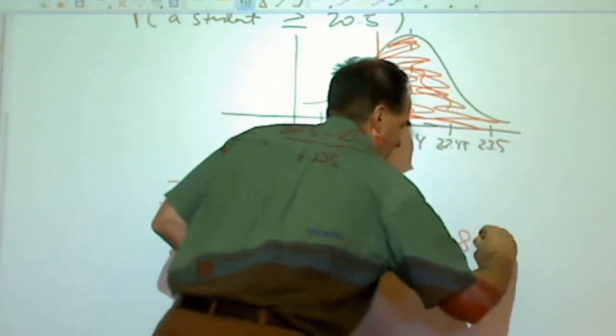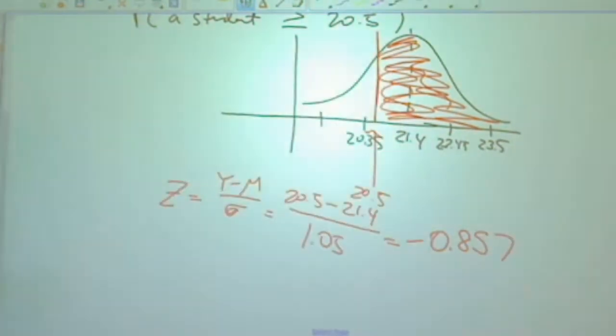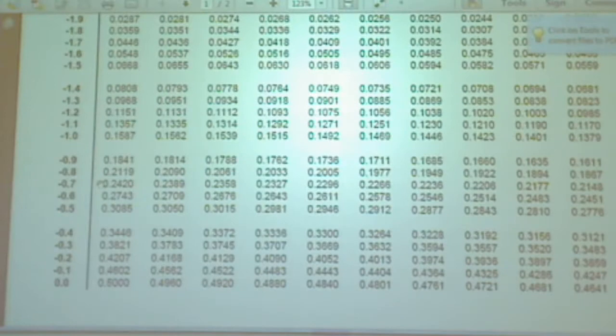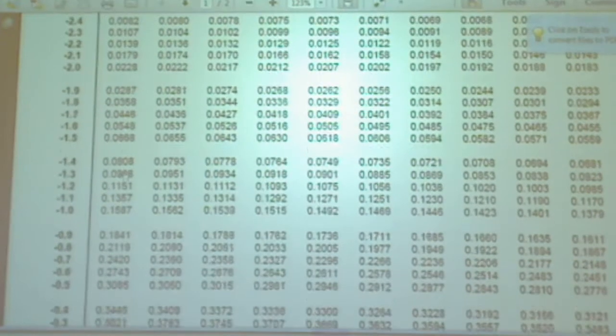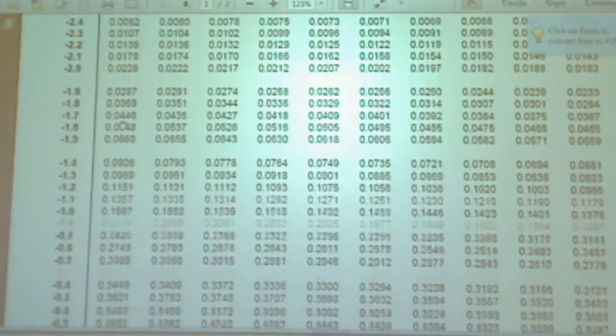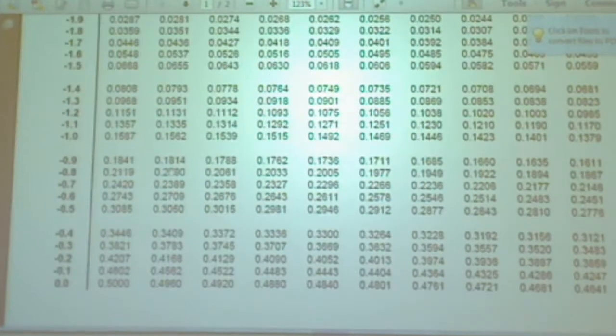Sorry. 857. Okay. Negative 0.857. You'll have this available to you as well. Negative 0.8. So like 86 is what you need. Okay, so that's the 0 column. So 80, 81, 82, 83, 84, 85, 86.